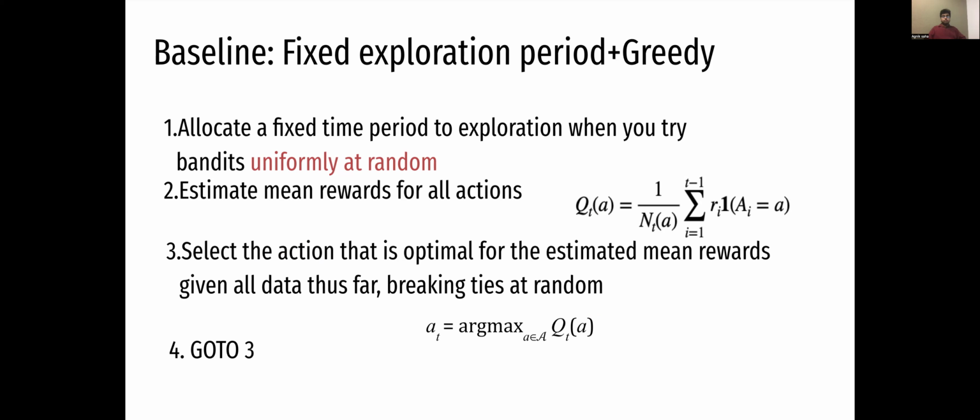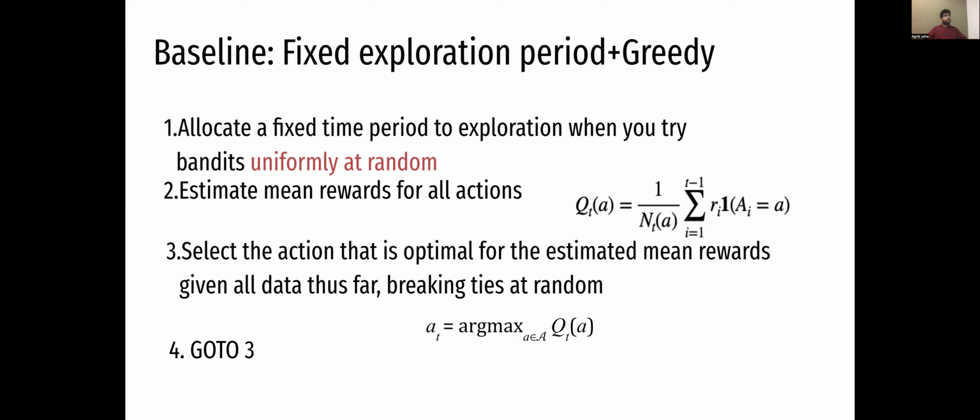So the fixed exploration period plus greedy strategy is a simple approach to solving the multi-armed bandit problem, and it consists of two phases: an initial exploration phase where the agent gathers information about the rewards of different actions, followed by a purely greedy exploitation phase where the agent always selects the best action with the highest estimated reward. In the exploration phase, the agent explores all available actions uniformly for a fixed number of steps, and in the exploitation phase, the agent switches to a greedy strategy.